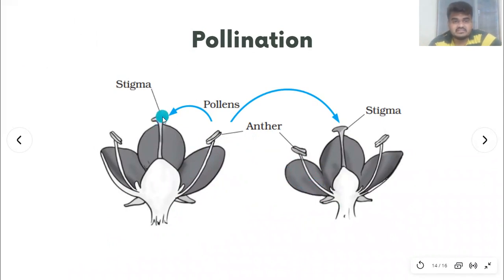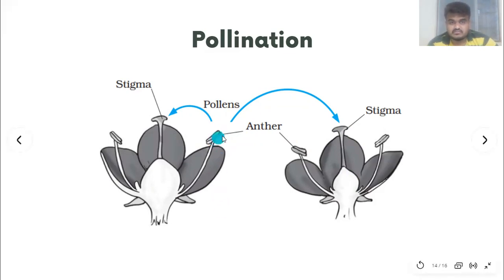While these are both stigma, and that's why this is the female reproductive part, and it is the pistil. This anther includes some pollen grains with a protective coat.